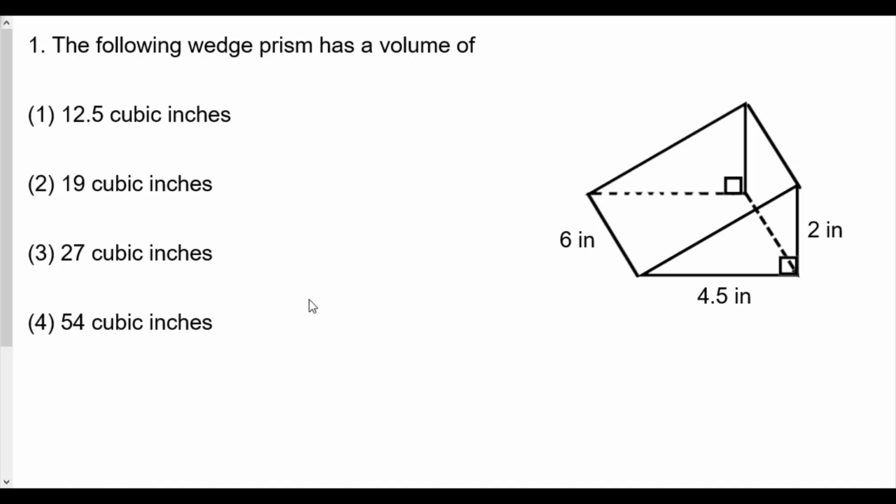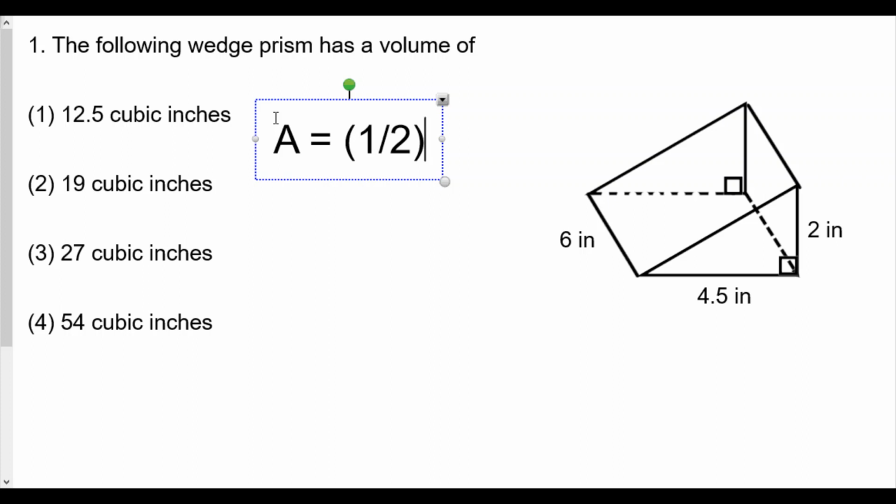Now, the area of the triangle can be found by taking 1/2 base times height. So area is equal to, in this case, 1/2 base times height. We'll use a big B for base, and a little h for the triangle.